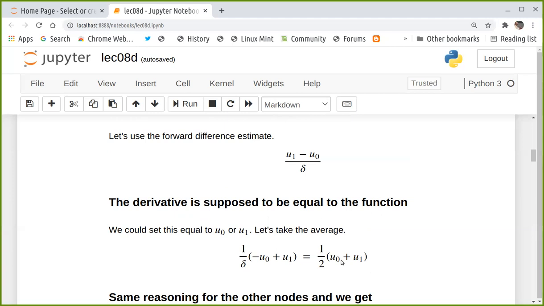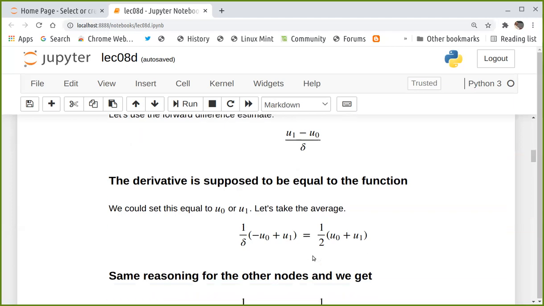Another way of looking at it would be to say that I'm going to think of this as the approximation of the derivative across the entire subinterval from the point x0 to x1. And then I want an approximation for the function value from x0 to x1. So one way of doing that is to take 1/2 of u0 plus u1.